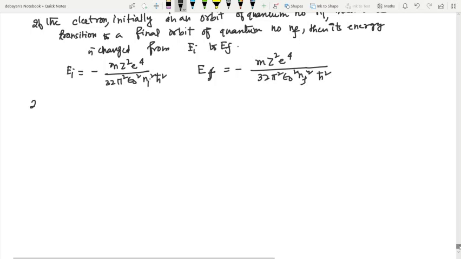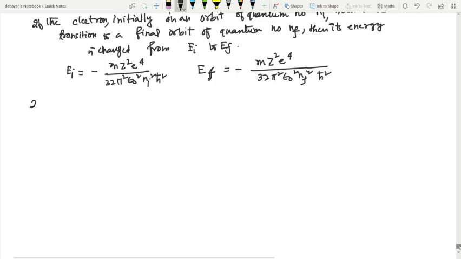If the initial quantum number ni is greater than the final quantum number nf, then according to Bohr's third postulate, of course there will be emission of radiation of energy, and it should be ħω or hν, that is nothing but Ei minus Ef, which is m Z² e⁴ / (32 π² ε₀² ħ²) times (1/nf² minus 1/ni²). So that we will get.